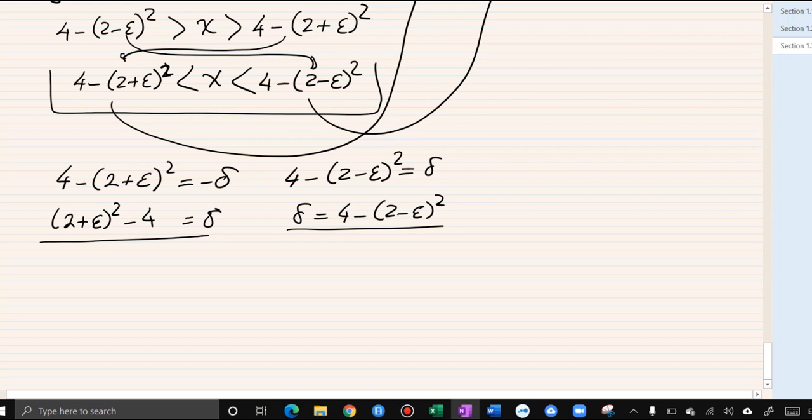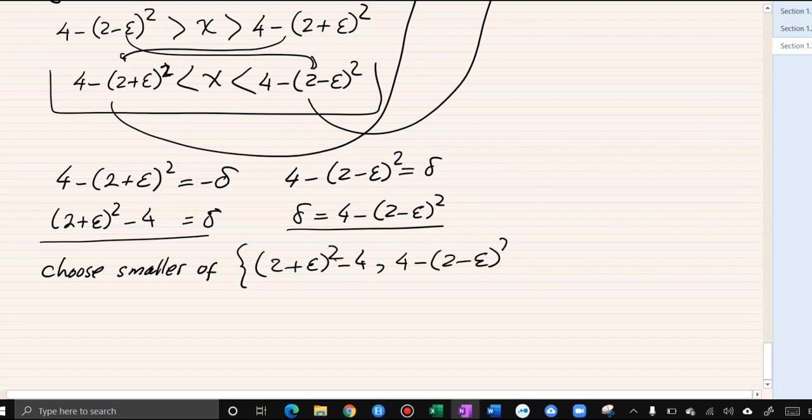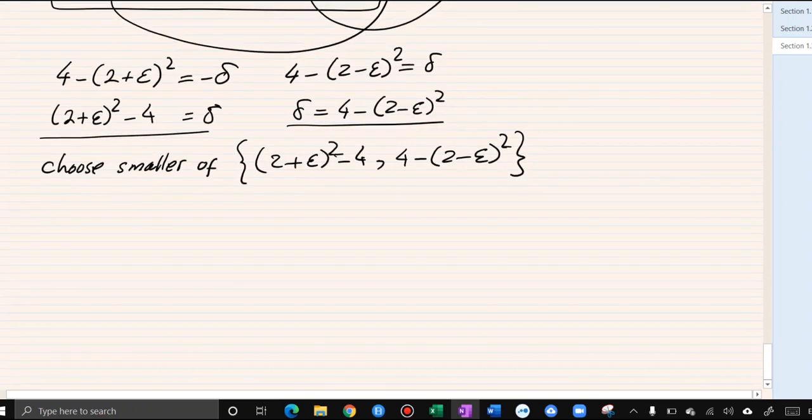We're going to choose the smaller of the two, right? Choose the smaller of (2 plus epsilon) squared minus 4 and 4 minus (2 minus epsilon) squared, right? Now this is a good answer, but we can actually simplify this further.